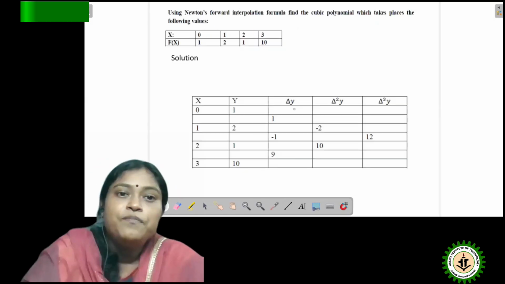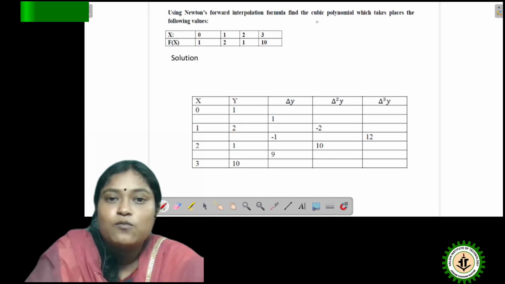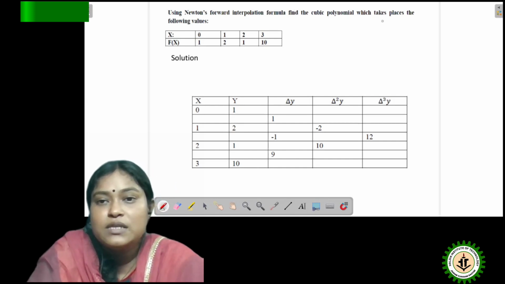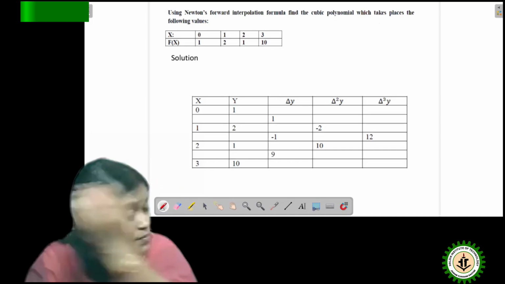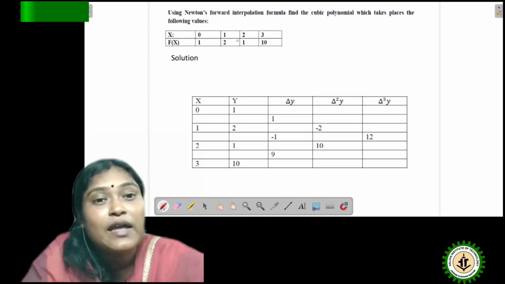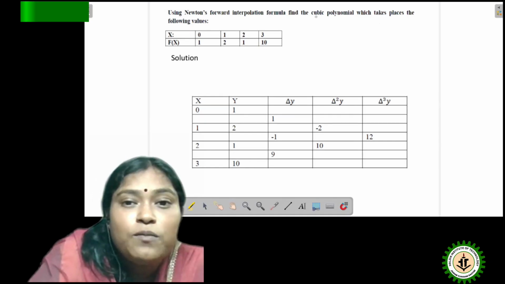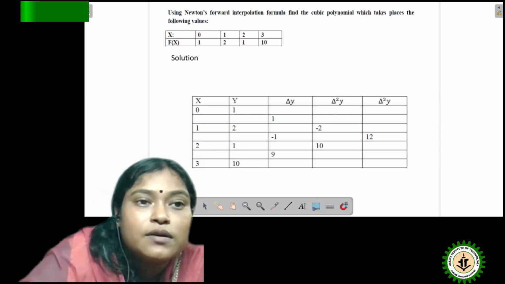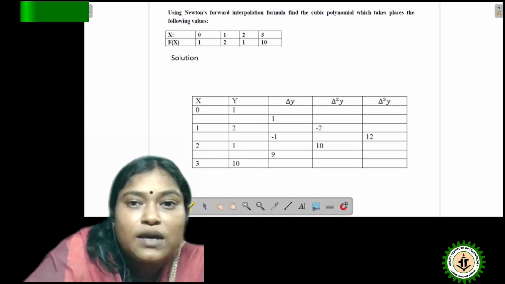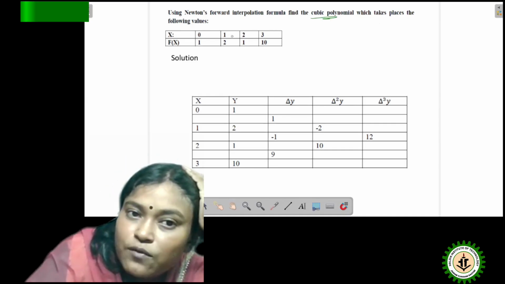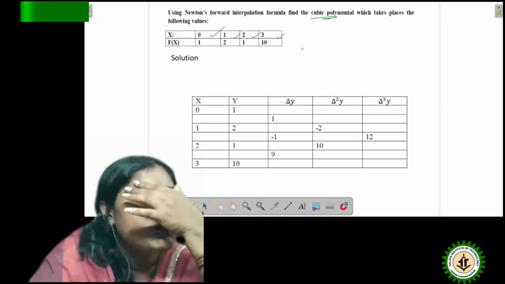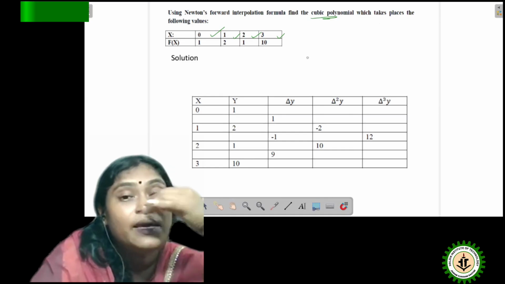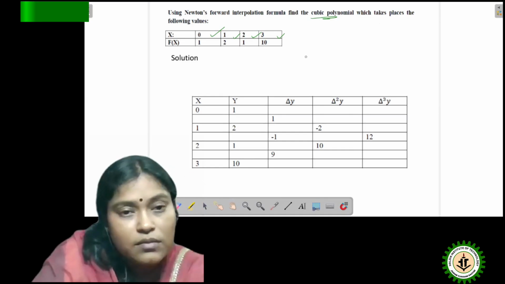Another problem we have: using Newton's forward interpolation formula, find the cubic polynomial which takes the following values. Here the values are given 0, 1, 2, 3. Why cubic? Because here it is mentioned cubic. Cubic means we have 4 values, 1, 2, 3, 4. 4 values means we can assume that the highest degree of the polynomial will be 3.